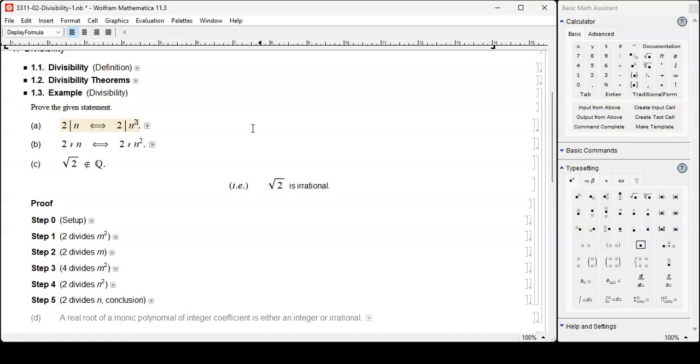Now, if you have square root of 3 is irrational, or square root of 5 irrational, square root of any prime is irrational, you can follow pretty much the same fashion, except that instead of considering even versus odd, you'll have to consider remainder 1, remainder 2, remainder 3, remainder 4. You have to consider those 4 cases when you're doing square root of 5.